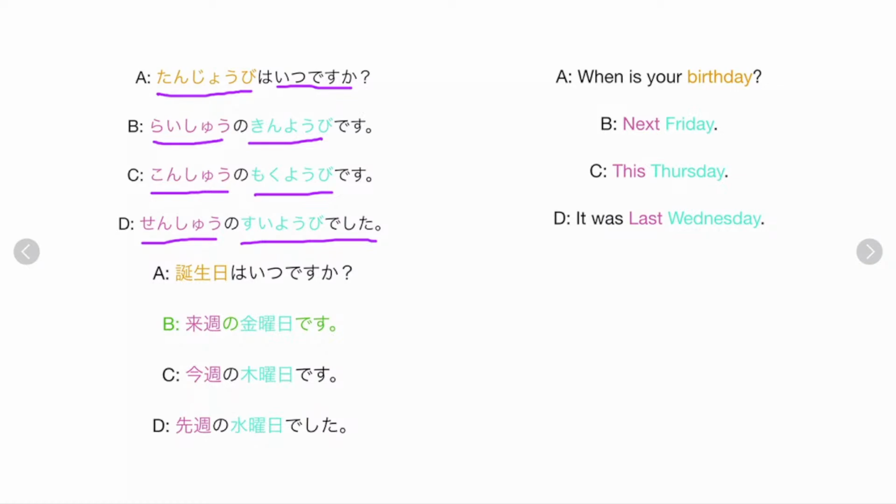Okay. And I know that we can't really read kanji yet, but tanjobi wa itsu desu ka? And you have raishu, konshu, senshu no kinyobi, mokuyobi, suiyobi. Right? So kanji makes sense, at least in times like this. It definitely has a use.